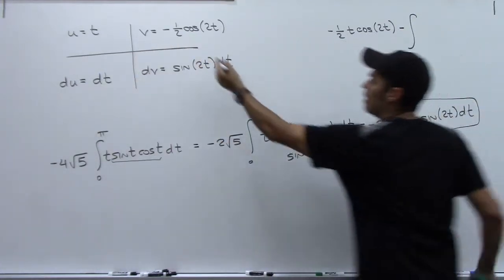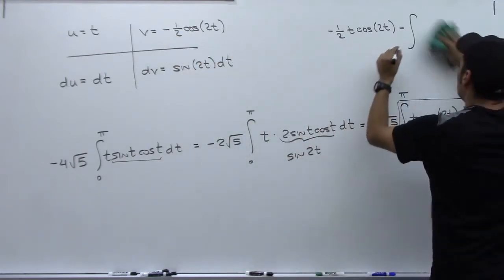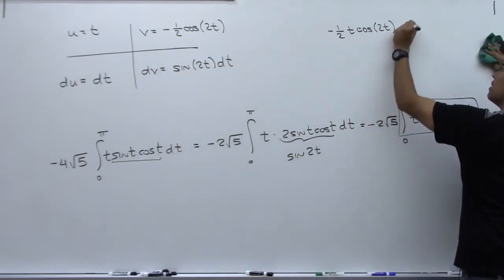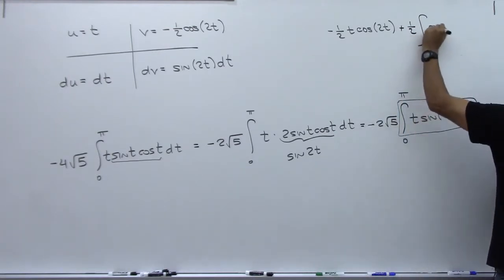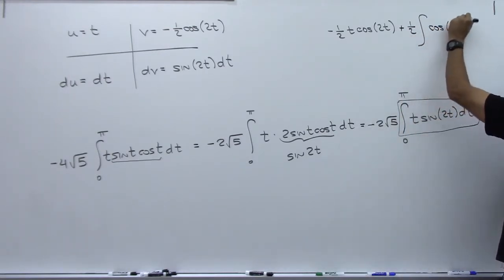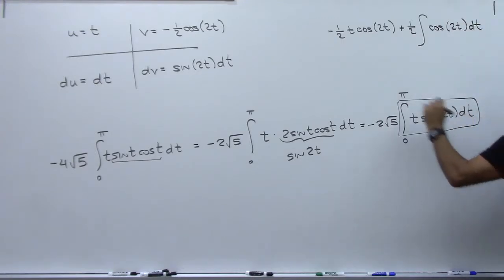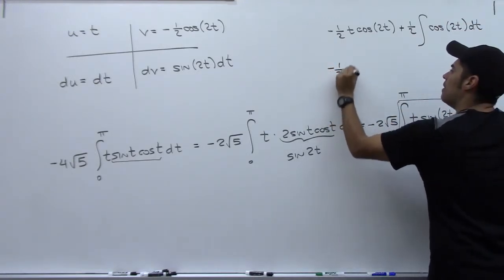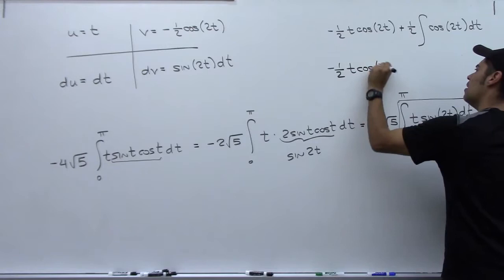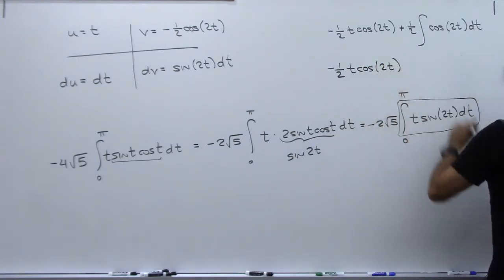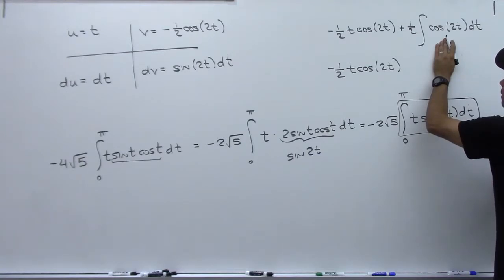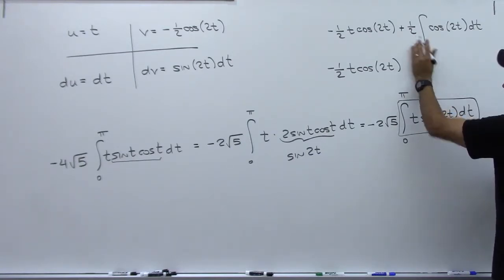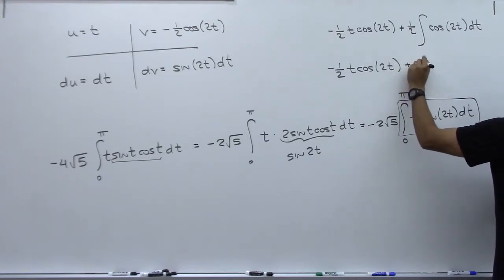And I notice I have a negative 1/2, which I'm going to pop out here, and that'll make that a positive 1/2 integral, and then all I'm left with is the cosine 2t dt. And that's negative 1/2 t cosine 2t. The antiderivative of this actually is 1/2 sine 2t, and I already had the 1/2 here, so I think we're just going to have 1/2.